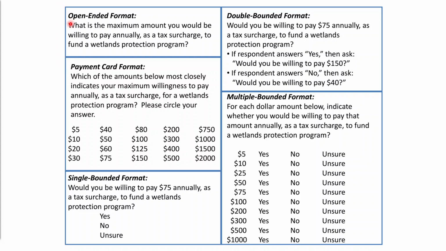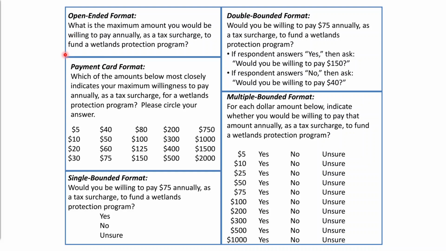However, put yourself in the position: if you were asked this question randomly, what context do you have to come up with a number? Do you know how much a wetland protection program costs? Most of us are not in that line of work, and so how would you even come up with how much you are willing to pay?